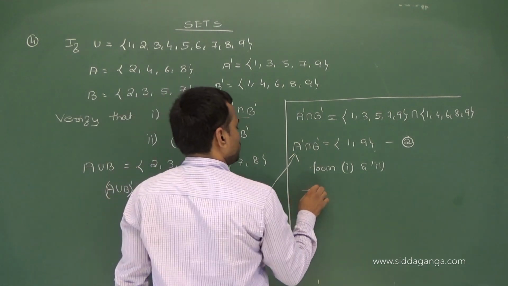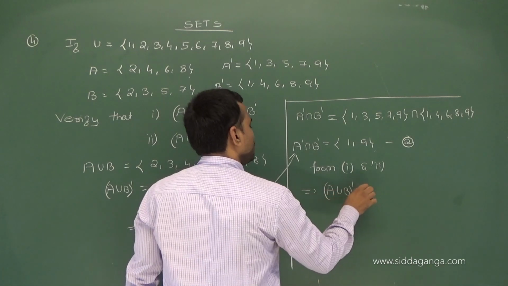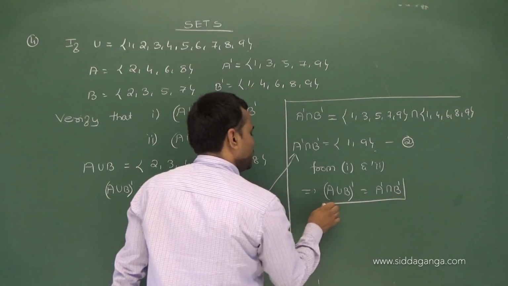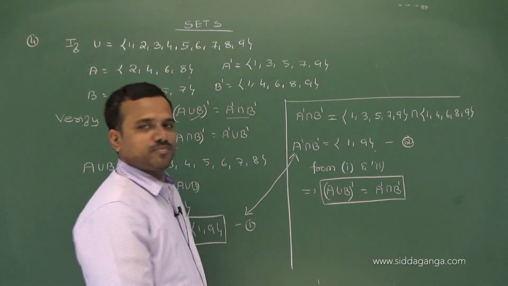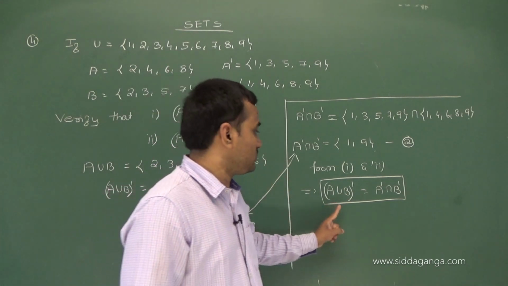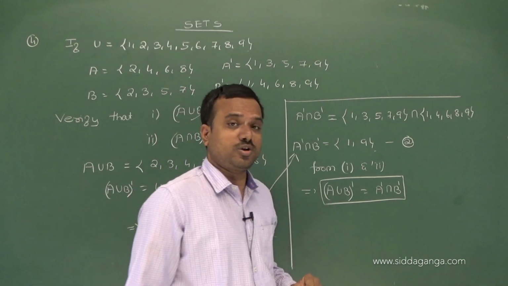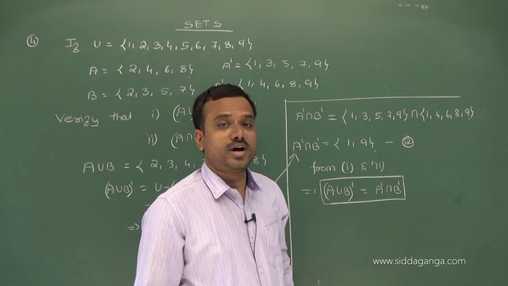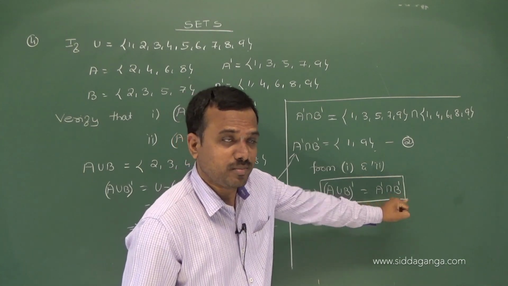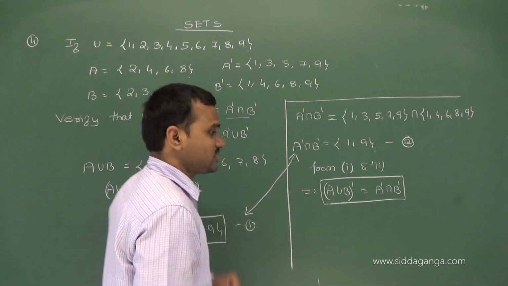So from 1 and 2, that implies A union B whole dash is equal to A dash intersection B dash. Very, very important. This is a property of a complement set. We will discuss it in the properties. First one is over. We will see the second one.